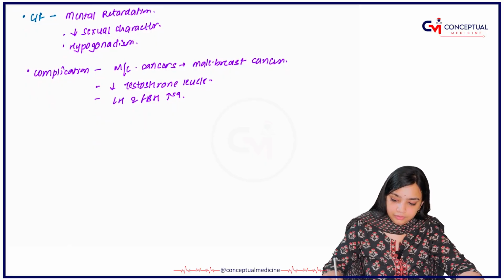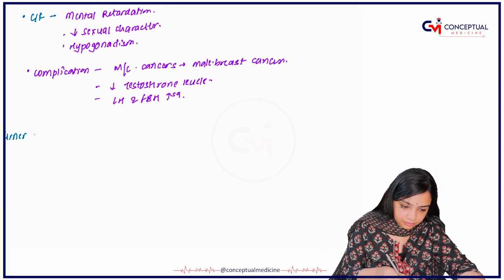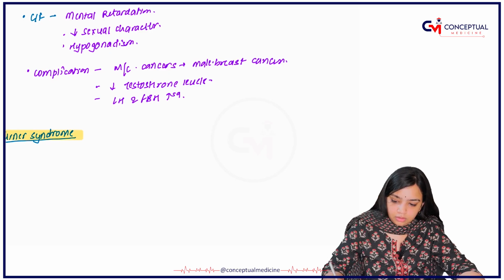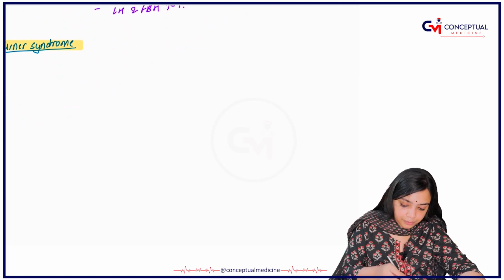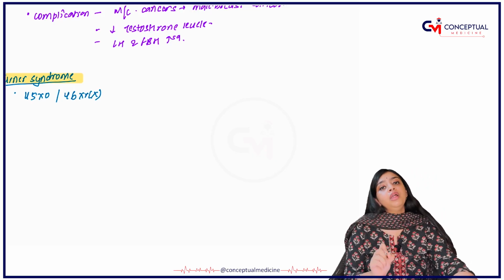Next that we have is Turner syndrome. In Turner syndrome, as I have mentioned above as well, it is 45 XO deletion or 46 XrX, that is the ring chromosome deletion.